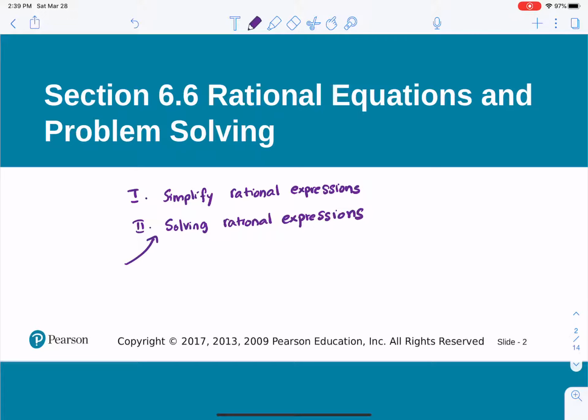two steps, we have to understand the problem and translate the problem into mathematical terms.